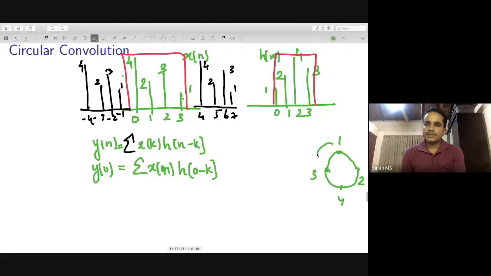So your time-reversed situation is 1, 3, 4, 2. When you draw it, it will be at 0 and there is no change, it is 1 itself. Then you have 3, 4, 2. 1, 3, 4, 2.